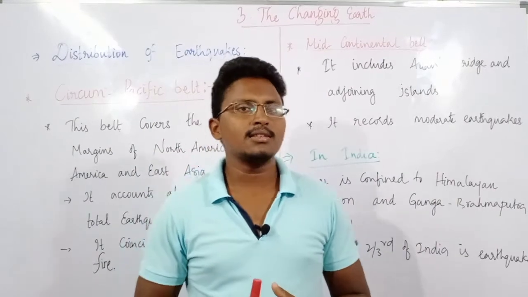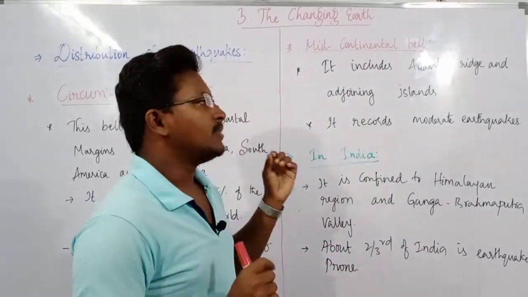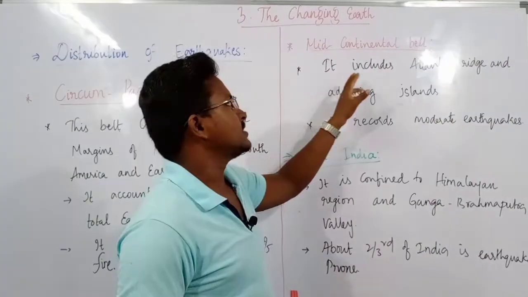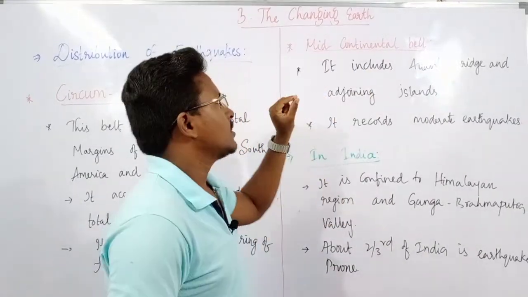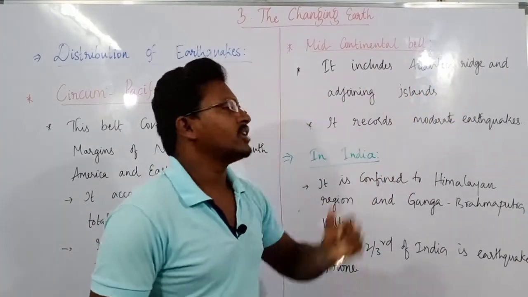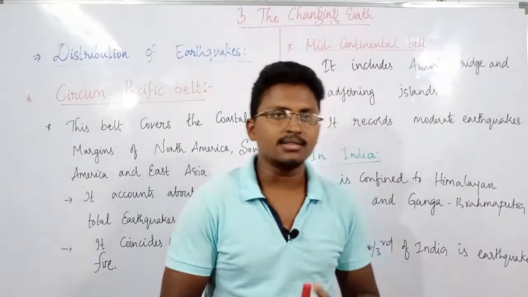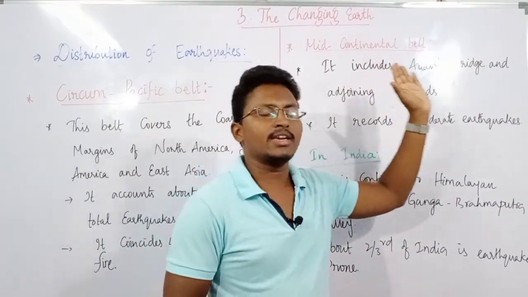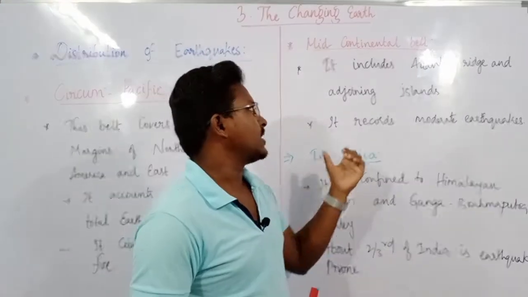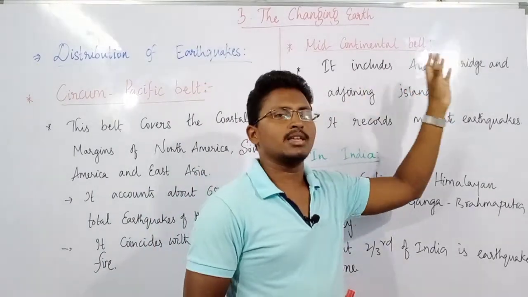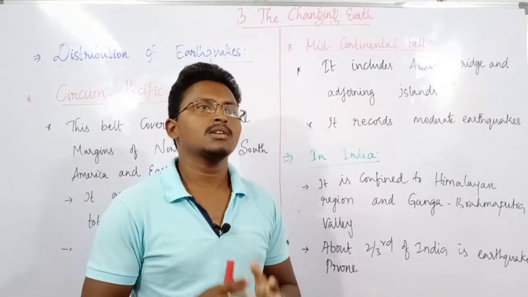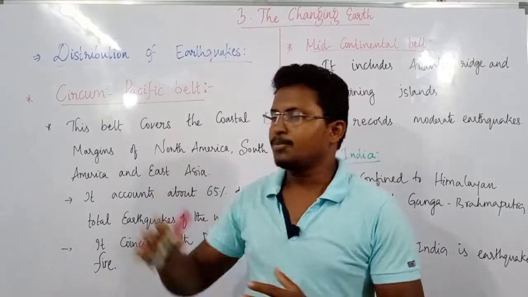Then the next type of belt is the mid-continental belt. The areas included in this belt are the Atlantic ridge as well as adjoining islands. Whatever mountains are located on either side of the Atlantic Ocean, and the islands in the Atlantic Ocean, these areas are also highly prone to earthquakes after the Circum-Pacific Belt.